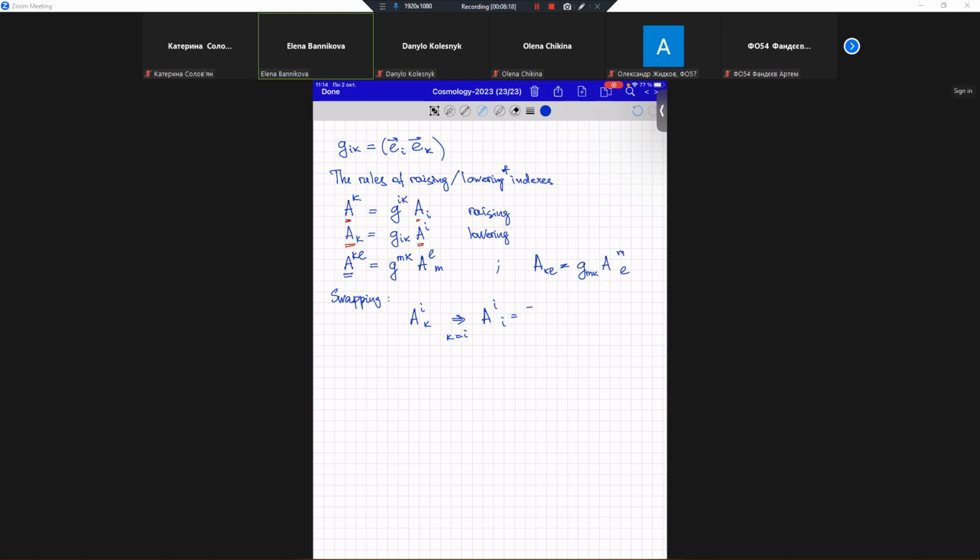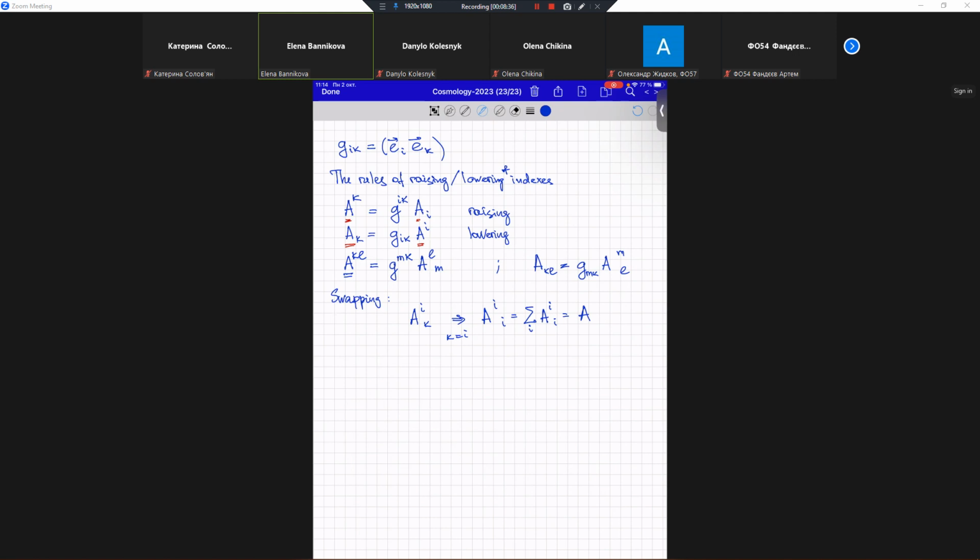Again, we remember it's a sum over i, so it will just be a scalar. We can do the same with a tensor of any rank.